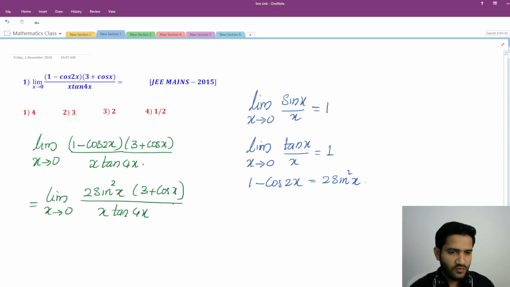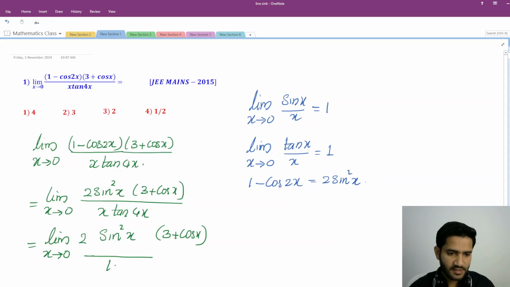Now we want to create some arrangements here because sin x is there, but here we have x, so we are using some logic because we want to use the result sin x by x. 2 is there, don't bother about 2 because 2 is a constant. Here sin square x, here we have 3 plus cos x, and the denominator is tan 4x.